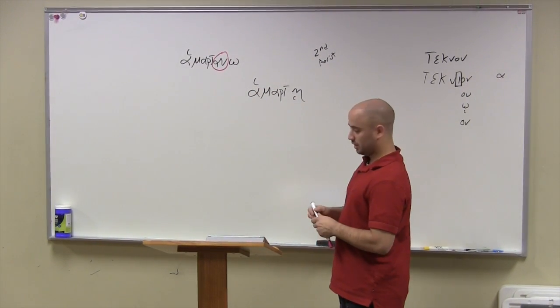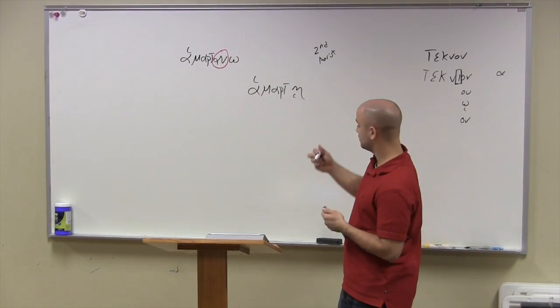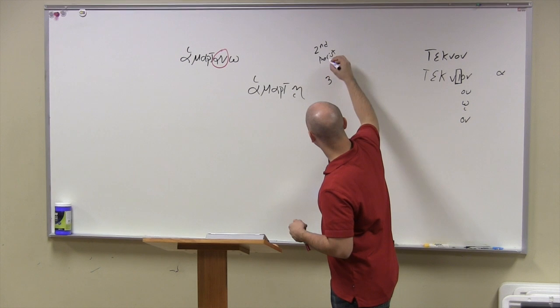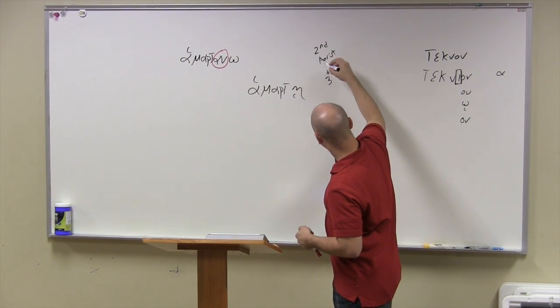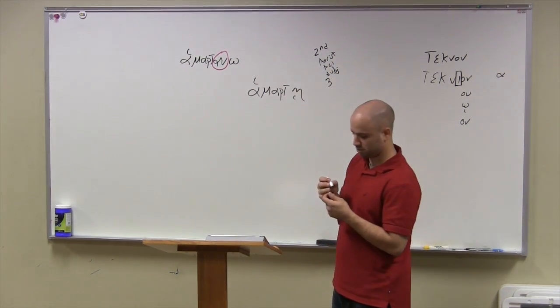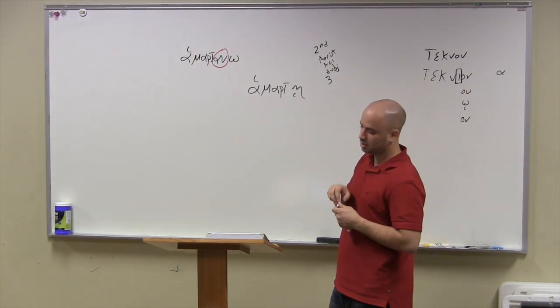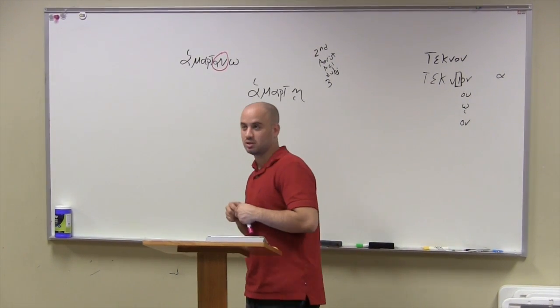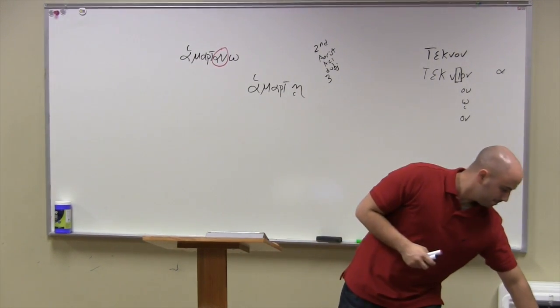Now the reason why we have A here as third singular, so we got second aorist subjunctive, and it's active. Or is it? Passive.